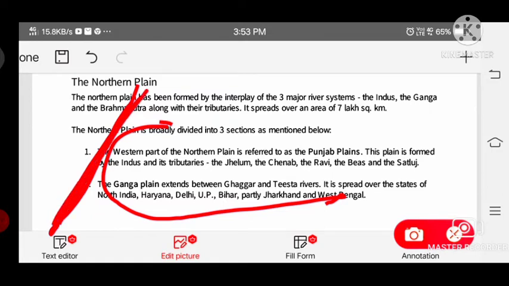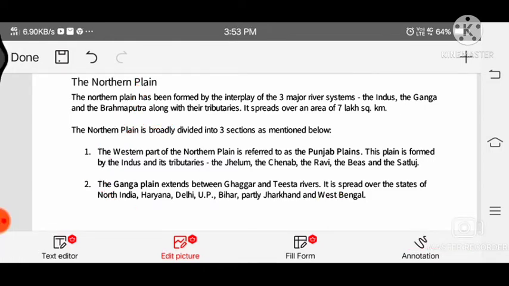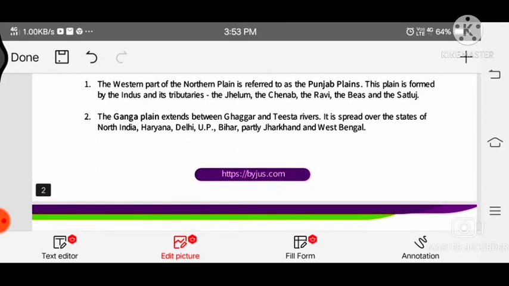Some tributaries of the Indus are Jhelum, Chenab, Ravi, Beas, and Satluj.